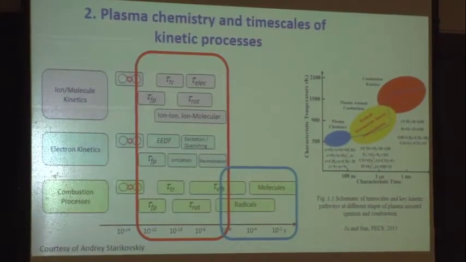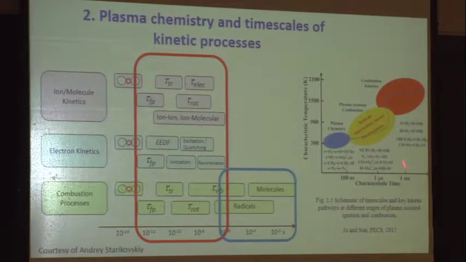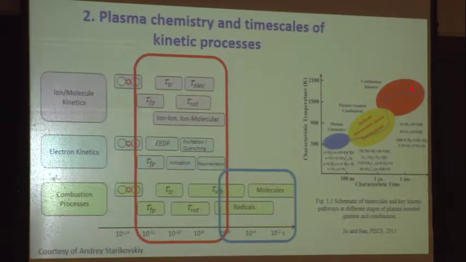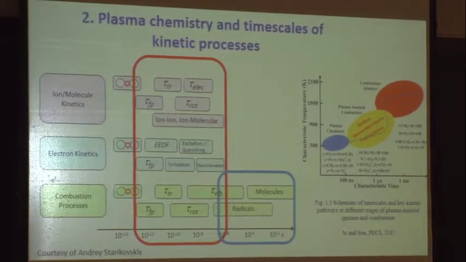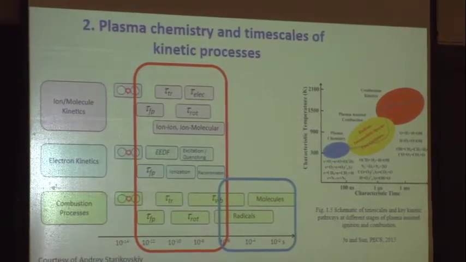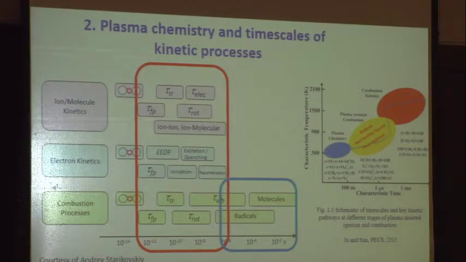What we understand well is the high temperature combustion process, except for soot. The low temperature ignition process is a little bit understood, but not to the extent we want. The plasma process is also well understood, particularly for air plasma, nitrogen plasma, and helium plasma.